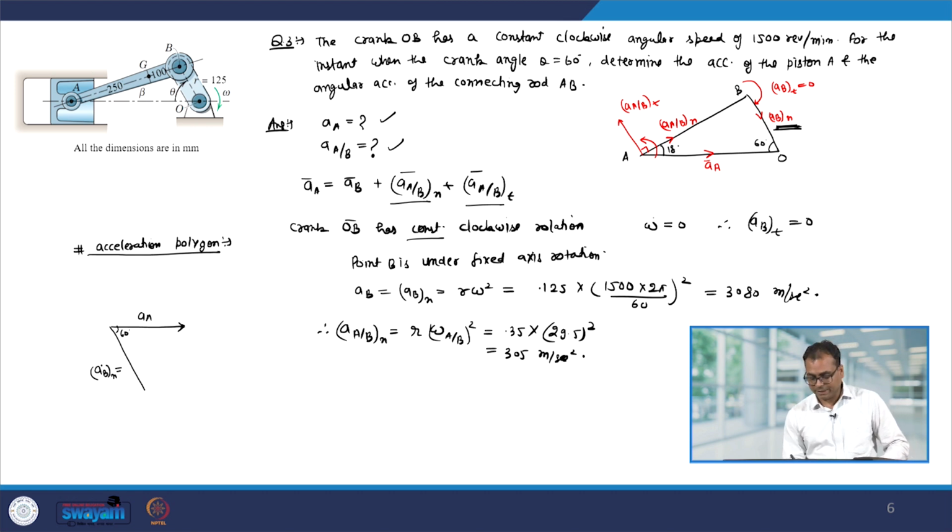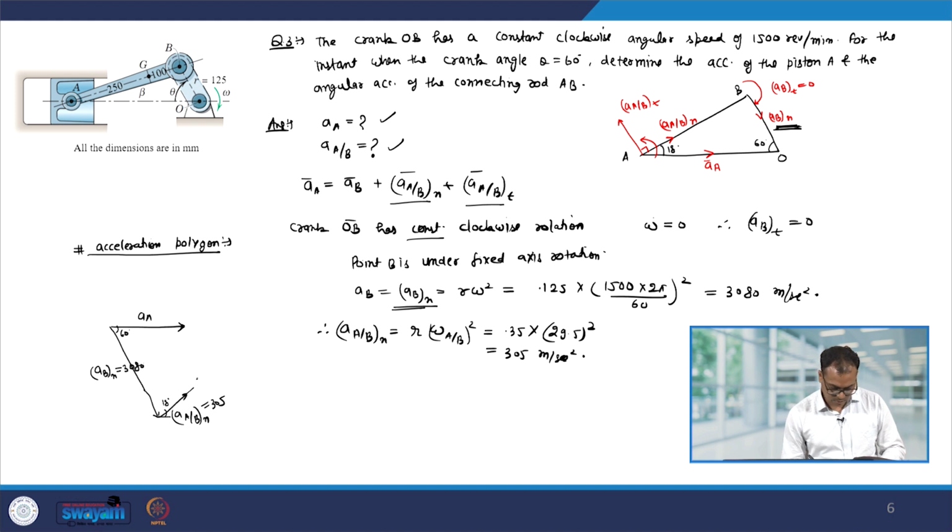Its value we have found out, the value is 3080, okay, and at 18 degree we have A_ABN and its value also we have found out, it is 305, this is 18 degree, and then at 90 degree to it we have A_ABT.